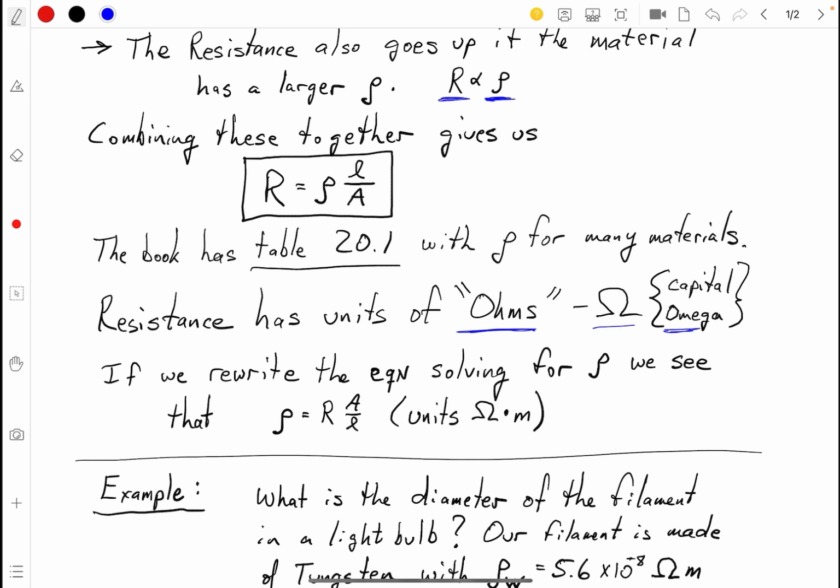And we can rewrite the equation in terms of rho, and we get this equation here, and instead of ohms, we get ohm meters because we're multiplying by area now and dividing out, so we end up with an extra meter in the situation. All right, so let's do an example.